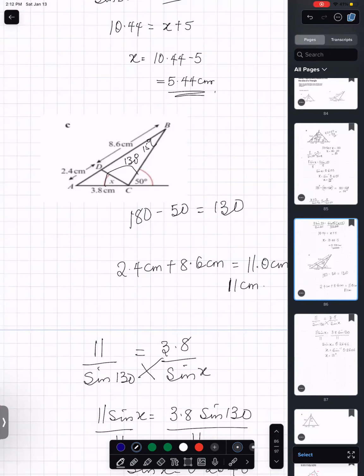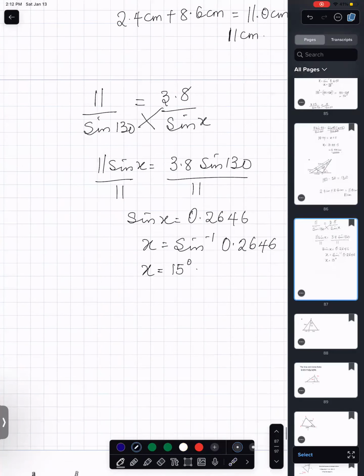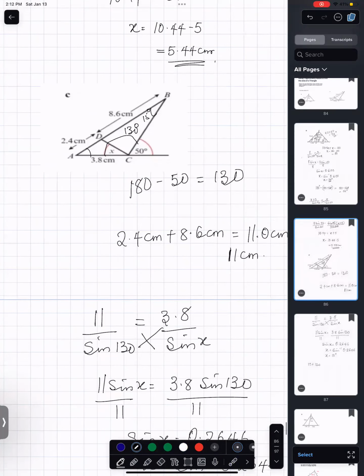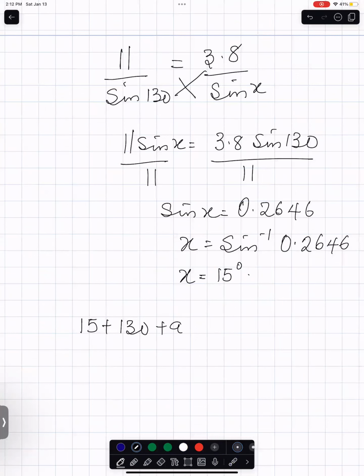Taking a look at the triangle, we have 15, this angle plus this angle plus this angle. Everything sums up to give us 180 degrees. So I have 15 plus 130 plus the angle at A equals 180 degrees. So the angle at A will be 180 minus 145.